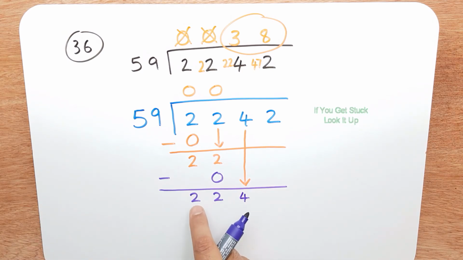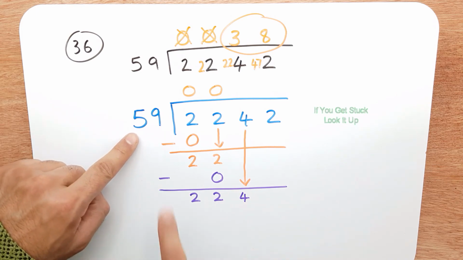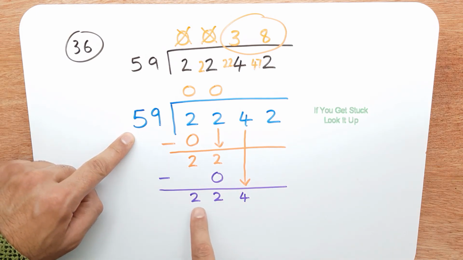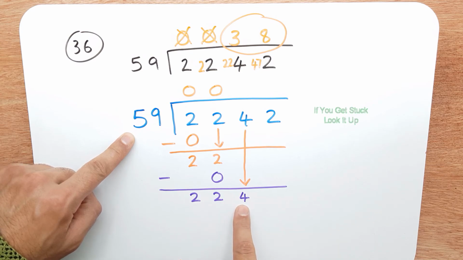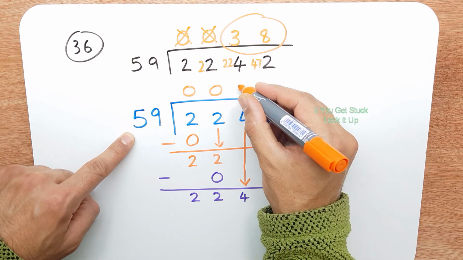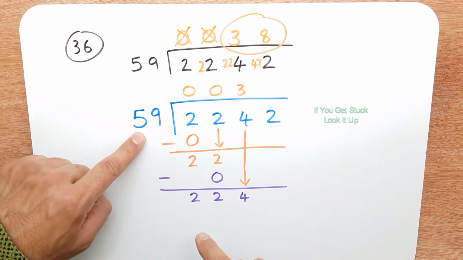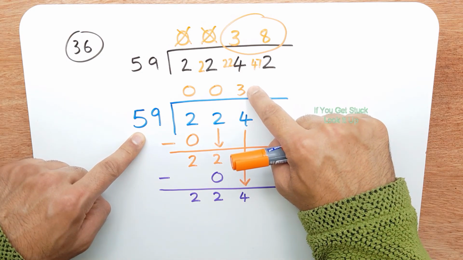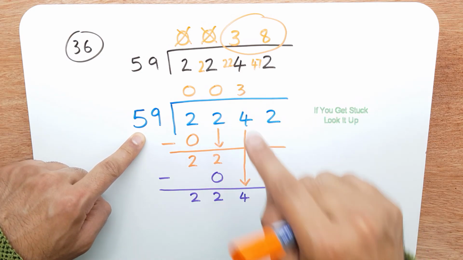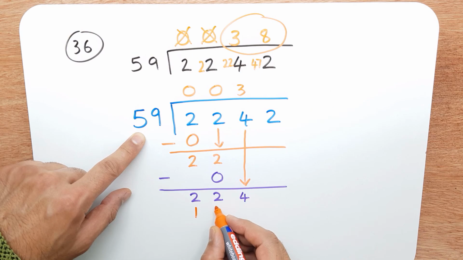So now we have 224. Now the question is, how many 59s do we have in 224? And we worked that out before and it was 3. And now we have to do 59 times 3 is 177.